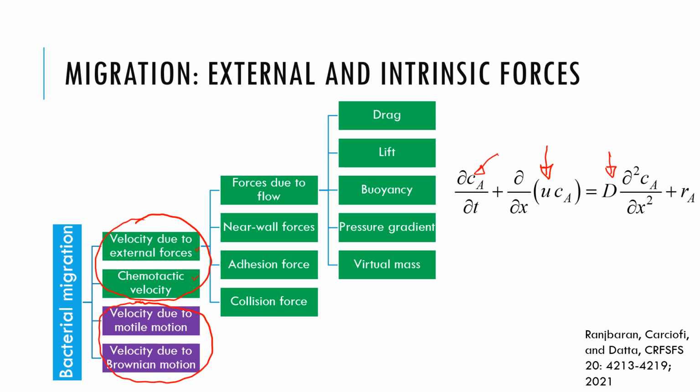All of these processes can be included in the bacterial transport equation, and we can provide a mechanistic description of bacterial transport using the general transport framework where the bacteria is a species. Of course, that needs lots of other details, but this has been done. So the framework really works.